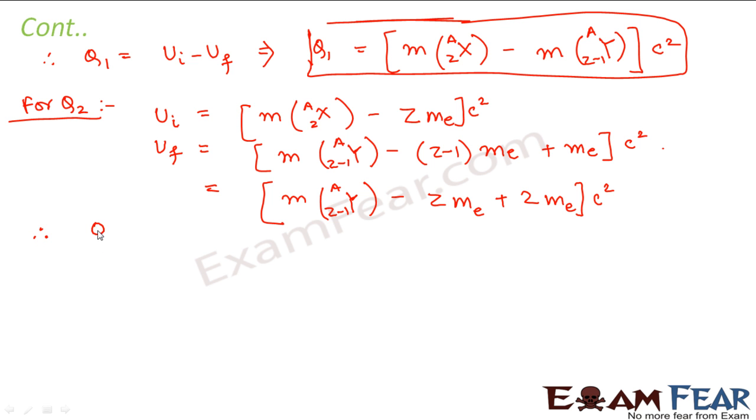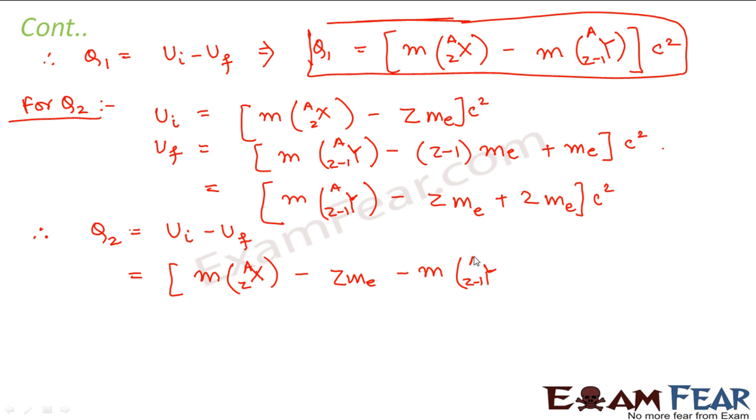So therefore Q2 becomes equal to U_I minus U_F, that is equal to the mass of the parent nucleus minus Z m_e minus the mass of the daughter nucleus plus Z m_e minus 2 m_e into c squared.